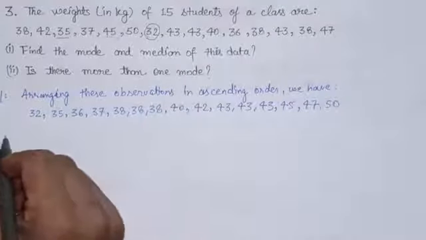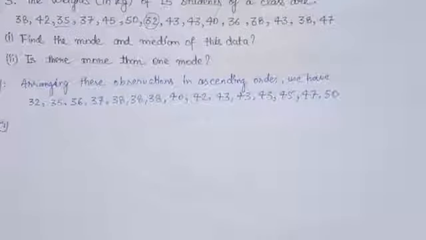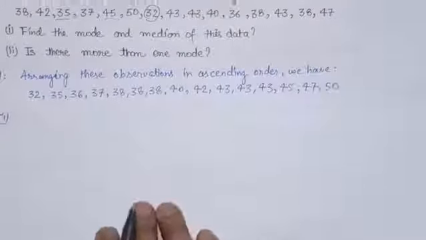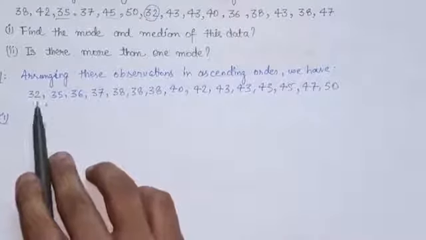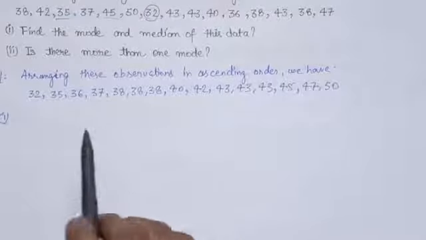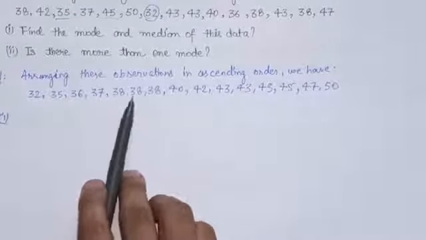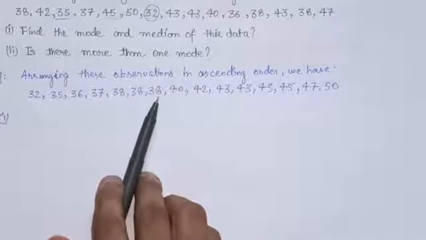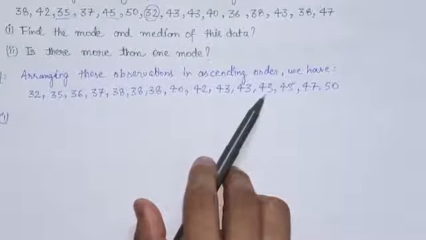Now let us solve the first part. In the first part we have to find the mode and median of this data. So students, for mode you have to see which observation has occurred the most number of times. Here you can see 38 has occurred 3 times and also 43 has occurred the same number of times, 3 times.